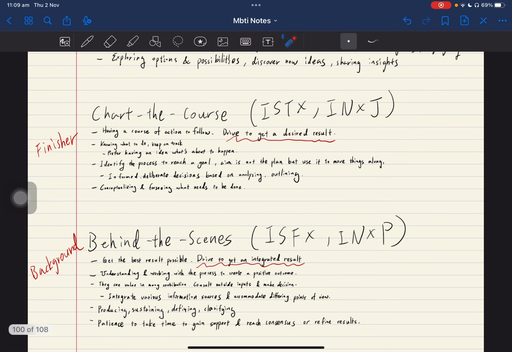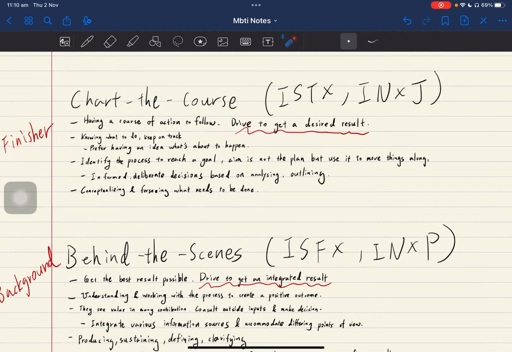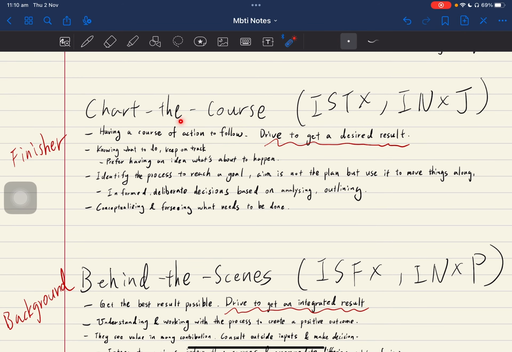And the next one is the finisher or the chart the course type. They are the type that like to have a course of action to follow. They want to have a goal, and their drive is to get a desired result, a goal or milestones. They know what to do, and they keep things on track.